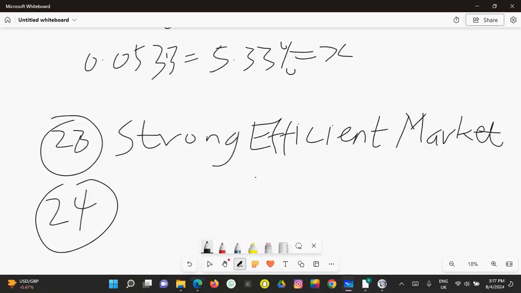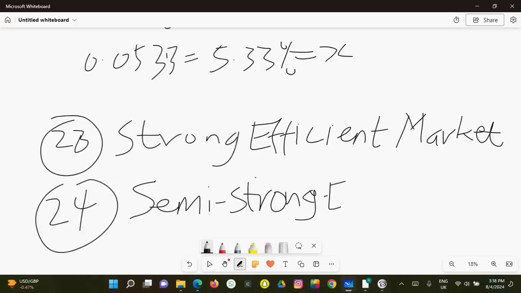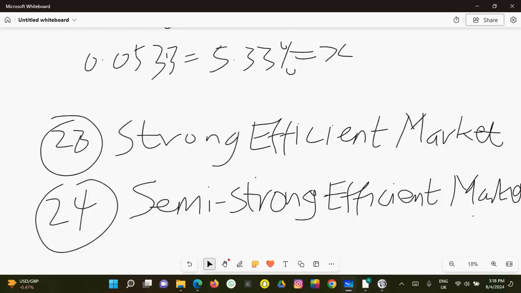So the answer is semi-strong efficient market.